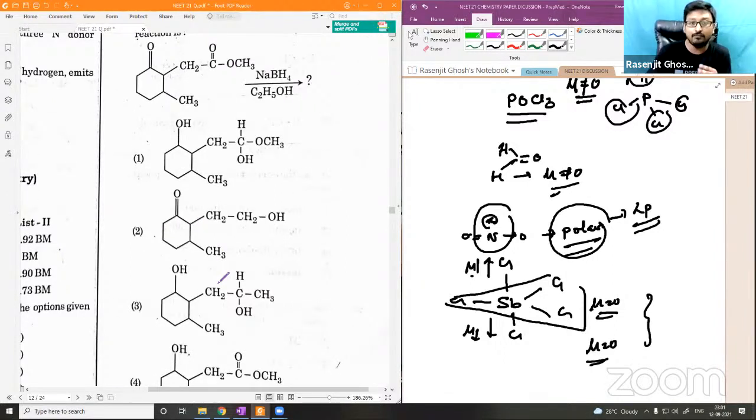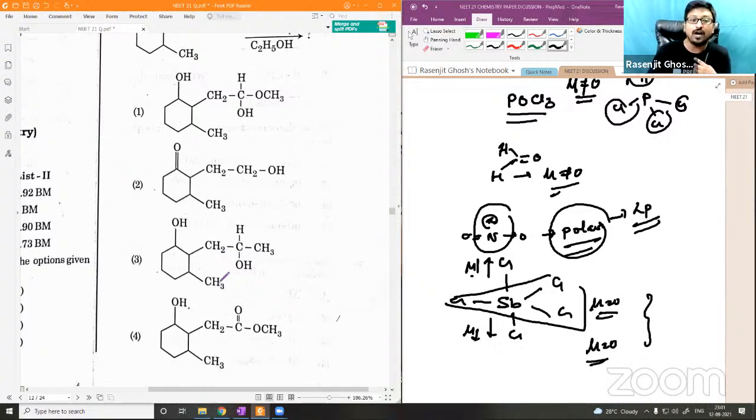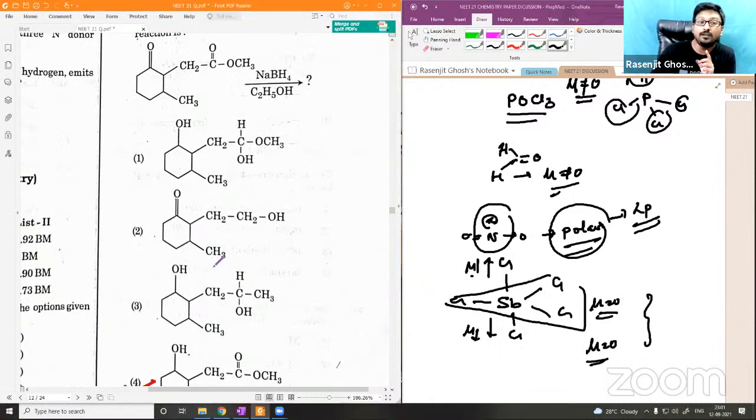I will clarify this later and let you know in the Telegram group. But if you ask me for the answer immediately, I will say the answer will be option number 4. Maybe I'm wrong, but I'm not sure, sodium borohydride cannot reduce an ester molecule. The ester part is here and the ketone part is here.